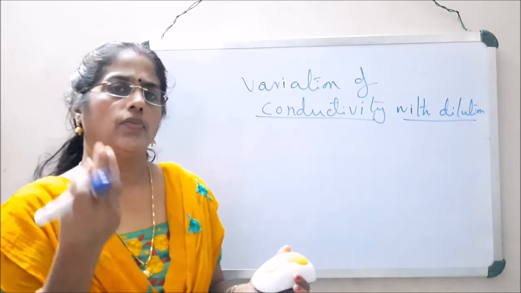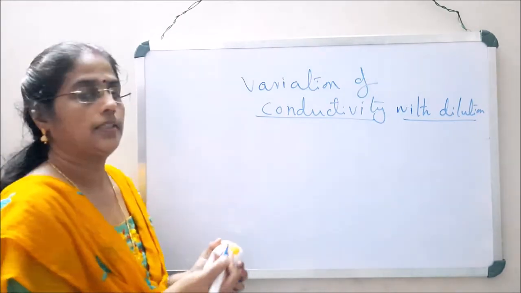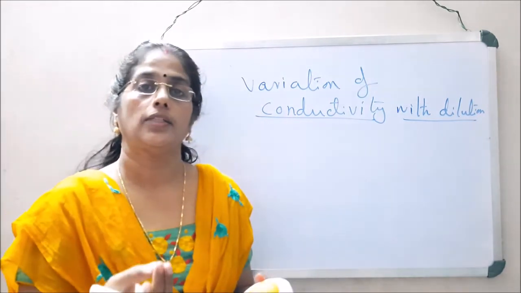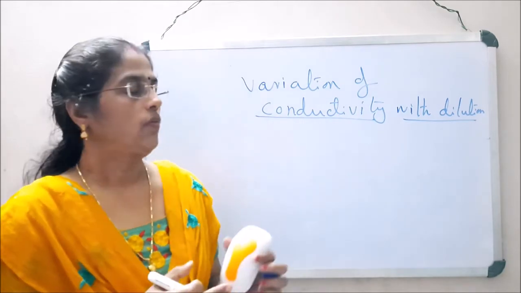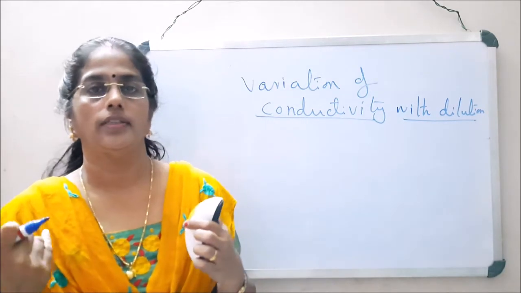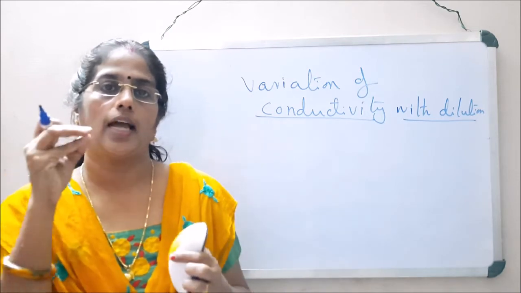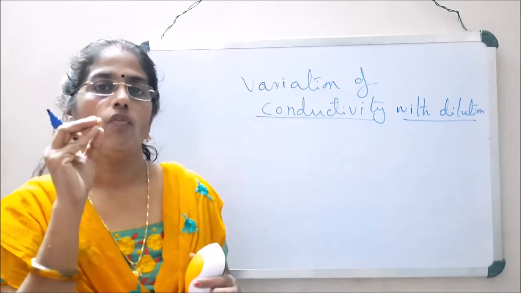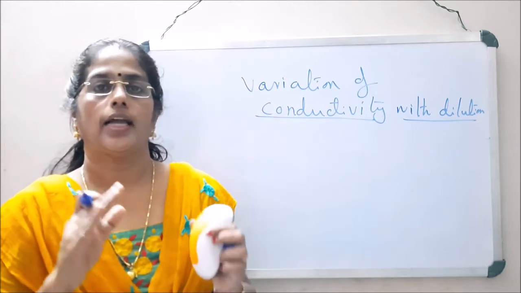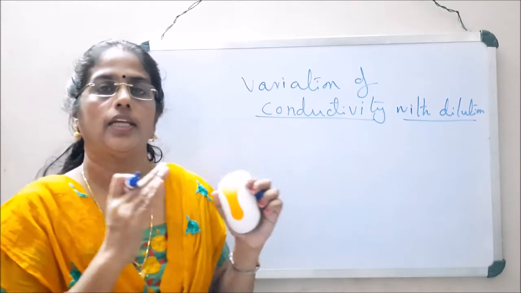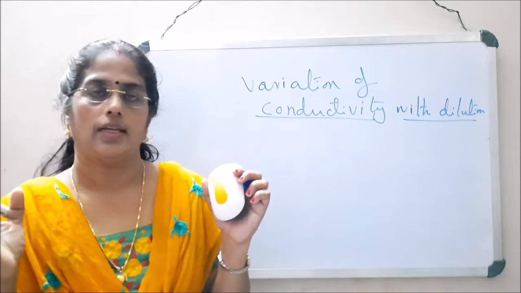The definition of conductivity is the conductance of 1 centimeter cube volume of the solution. So, when the dilution occurs, the number of ions present in 1 centimeter cube decreases. That is why as dilution increases, conductivity gradually decreases.